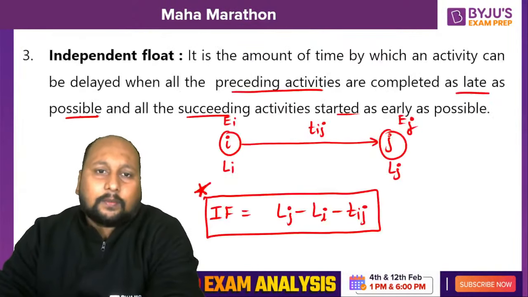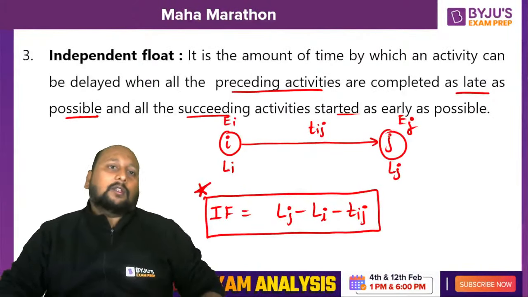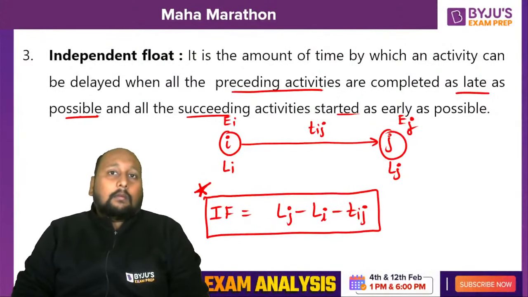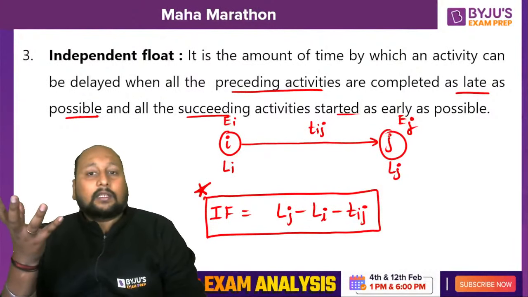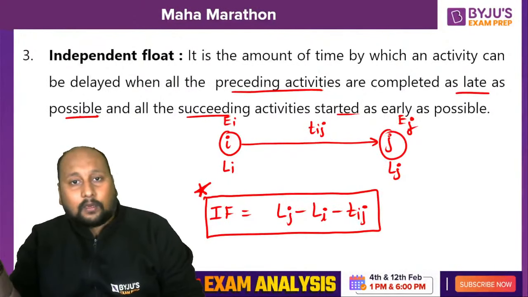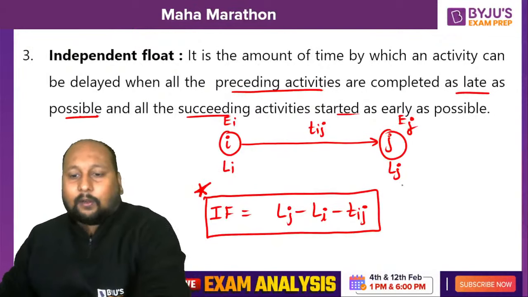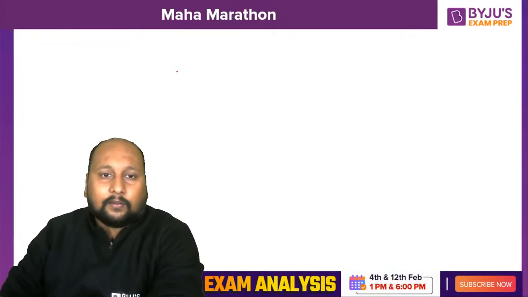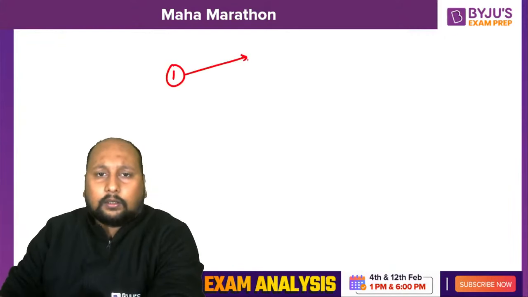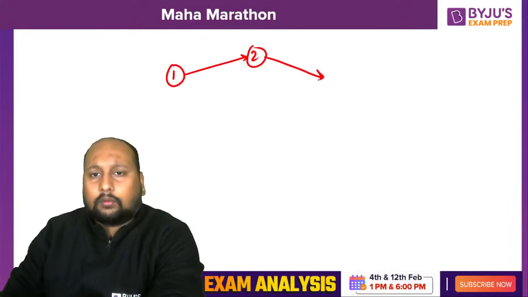Actually, it is basically saying independent float is, we can say, the duration by which the previous and the succeeding activity is being started as early as possible, right? That means if I take one example, let us suppose I'm having activities 1, 2, 3, something like this.